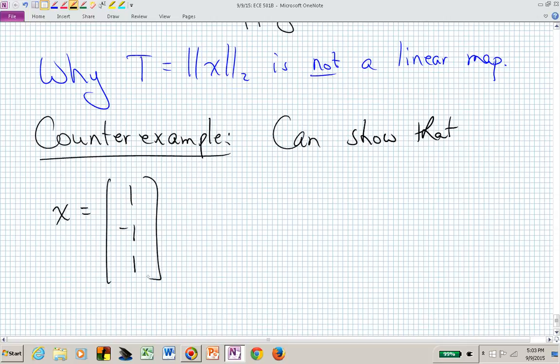So we go 1 in the positive x, minus 1 in the y direction, and up 1 in the z direction. And let y be 1, 1, minus 1.